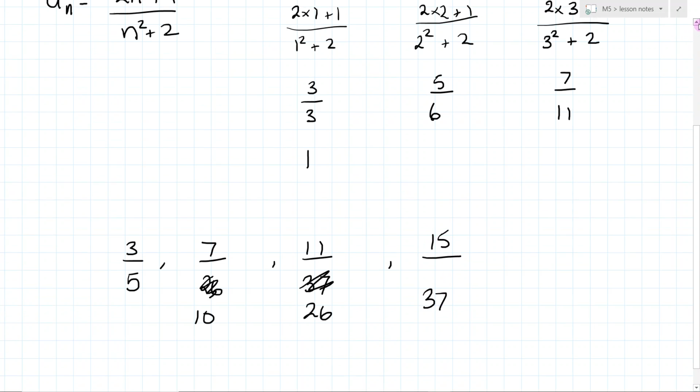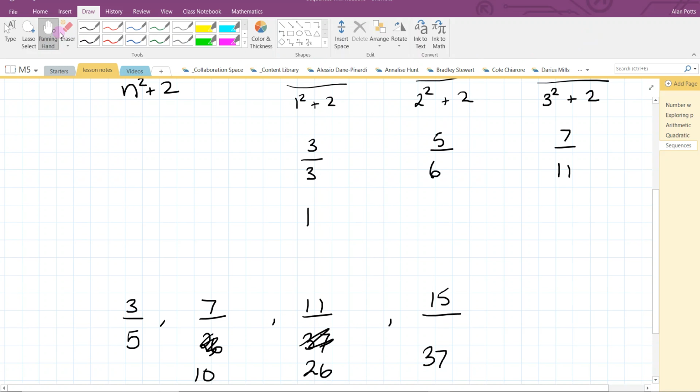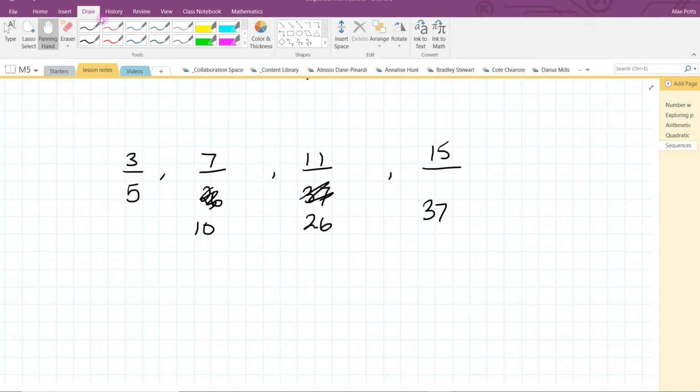Okay? So there is a sequence which is fractions, and it could potentially look very complicated.